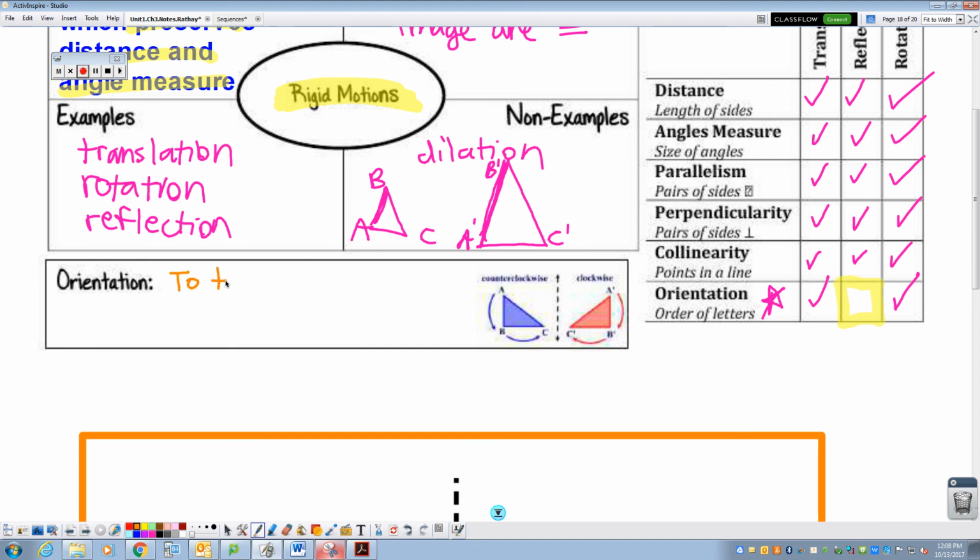So to test, we can travel around a figure and determine if letters go clockwise or counterclockwise.